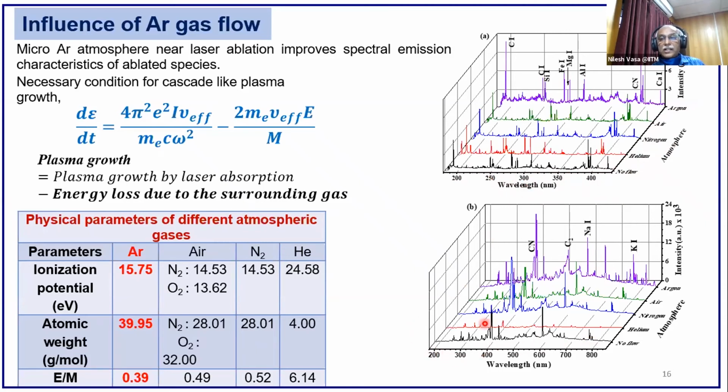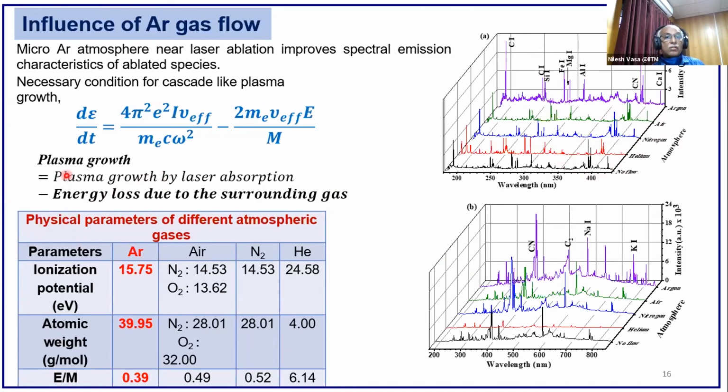And from those optical emission lines, we found a very interesting outcome: an argon atmosphere near laser ablation improves the spectral emission characteristics. Of course, it is related to the argon interaction with the laser ablation process, as well as protecting carbon from the ambience as well as nitrogen, so that it should not get into some other molecular signature.